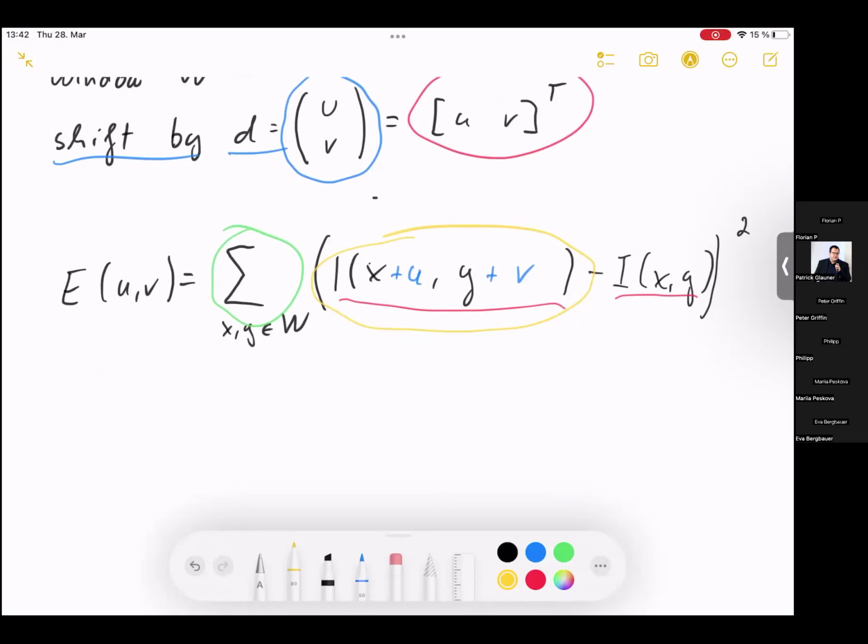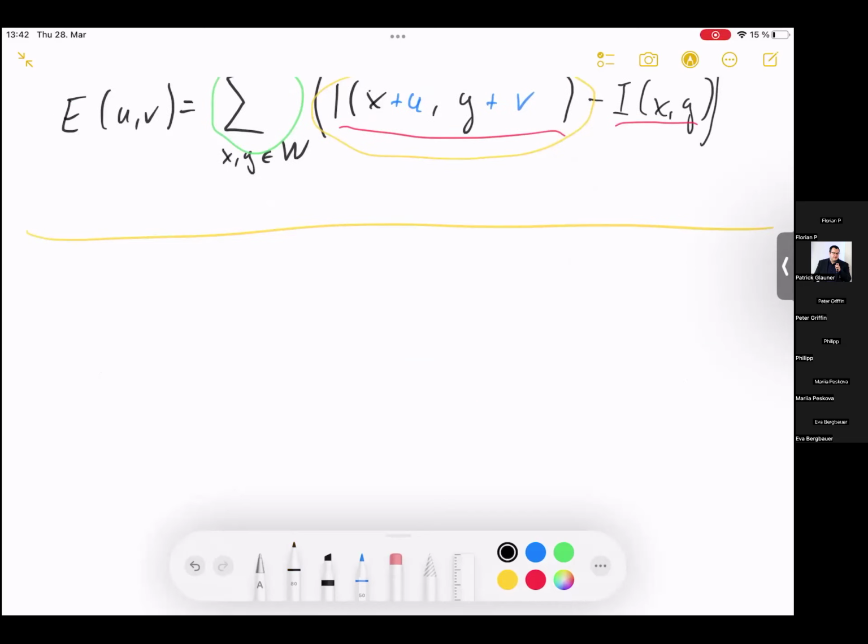And what I can then do is write out the intensity at x plus u and y plus v as the intensity at xy. So this is something you will see if you apply the Taylor expansion to functions with multiple variables. We've only looked at examples with one variable, but we've looked at this very general definition with multiple variables.